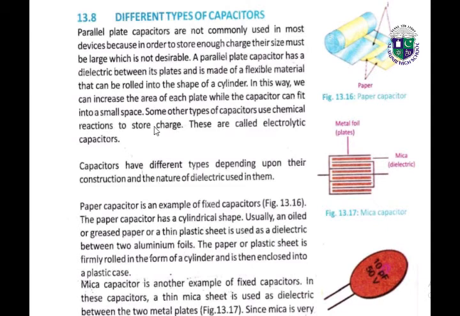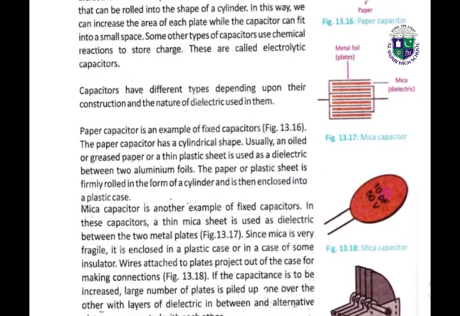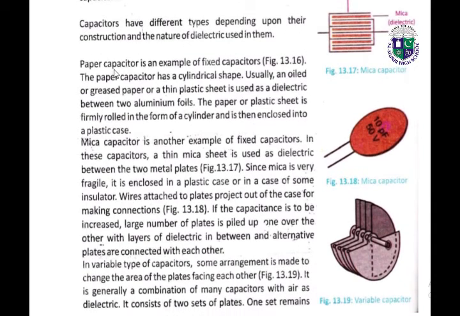This is a very important point, underline it: these are called electrolytic capacitors. Capacitors have different types depending upon their construction and the nature of the dielectric used in them.